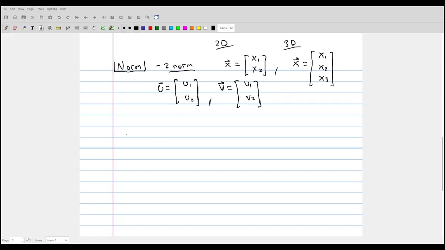So for any vector, the 2 norm is just the square root of each component squared, added together. You'll remember this is the same thing as the square root of the dot product between a vector and itself.